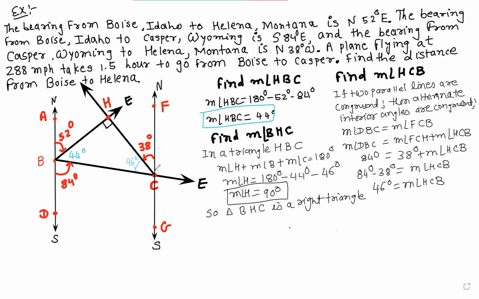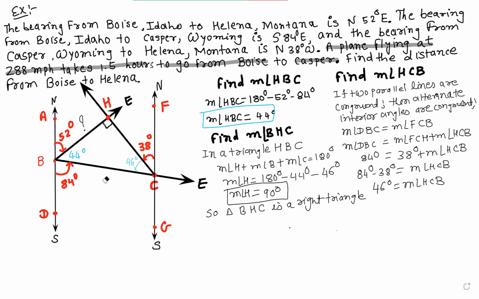What is given to us is this piece of information. A plane flying at 288 miles per hour takes 1.5 hours to go from Boise to Casper. That means to go from Boise to Casper, it takes 1.5 hours, and we're looking for the distance from Boise to Helena. So this is the distance we're looking for. We were looking for this distance as well, but it's given in a way.